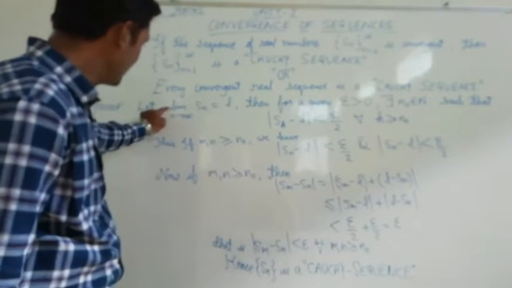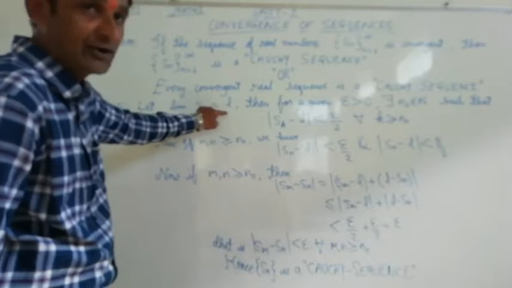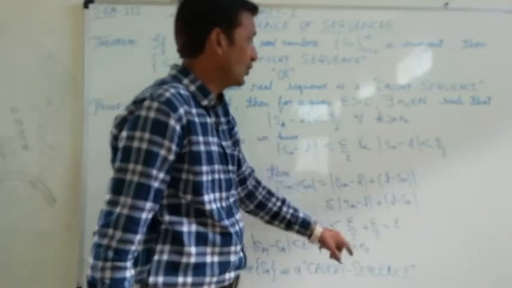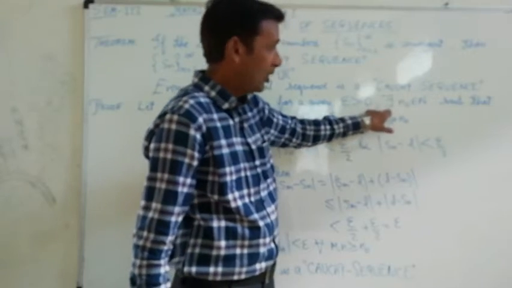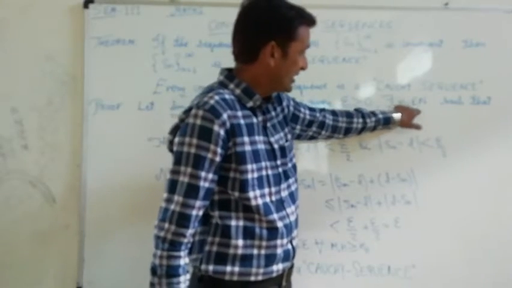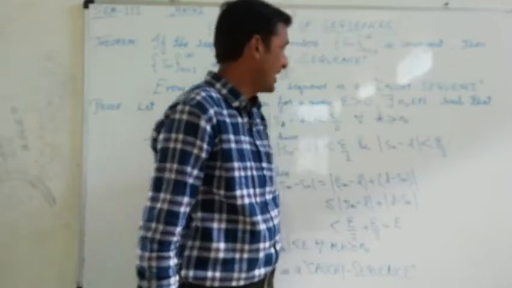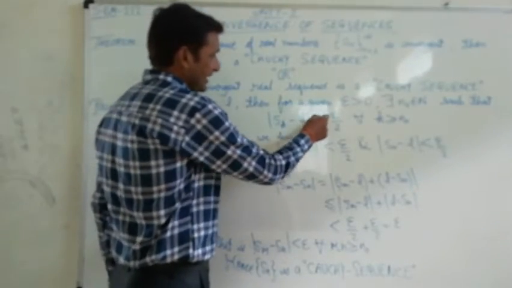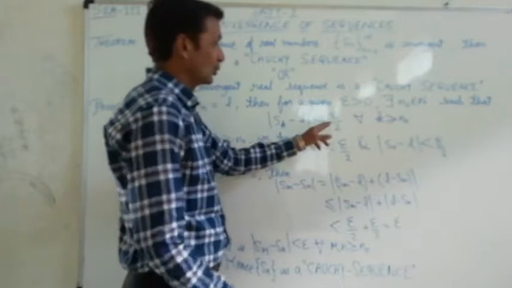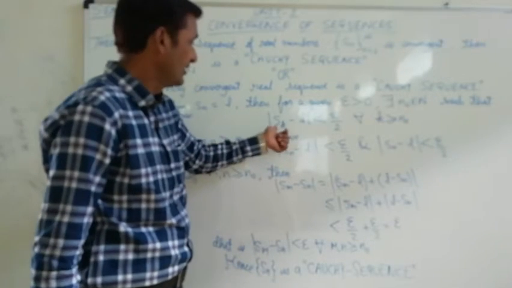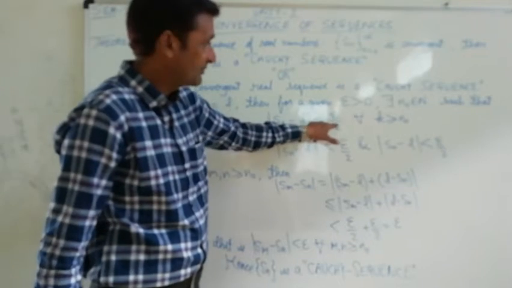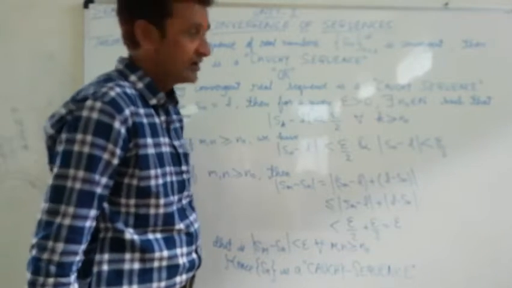So if limit n tends to infinity Sn is equal to L, then for a given epsilon greater than 0, there exists n0, an element of the natural numbers, such that mod of sk minus L is less than epsilon by 2, where epsilon is greater than 0.